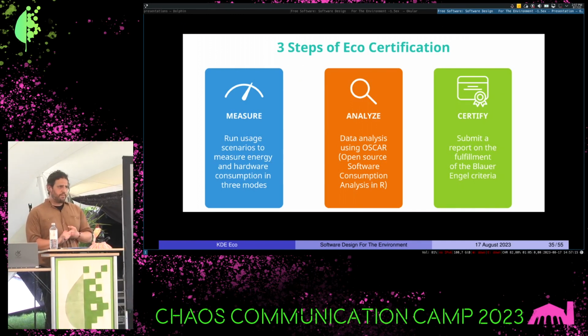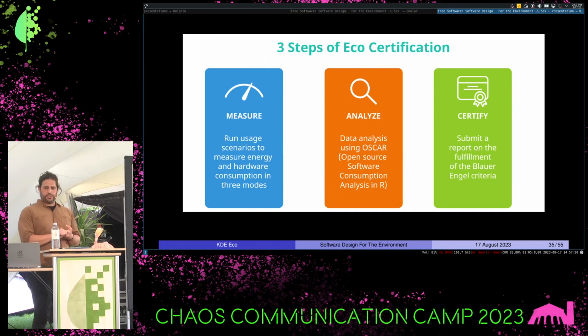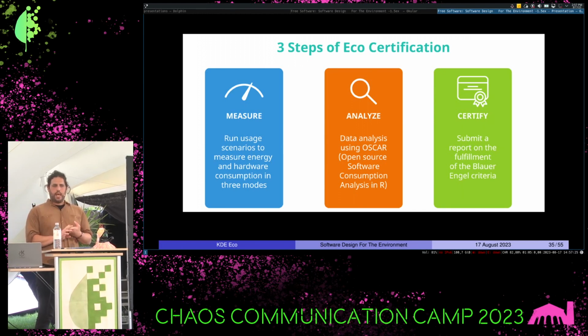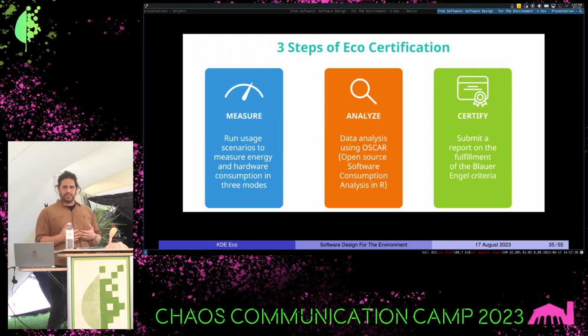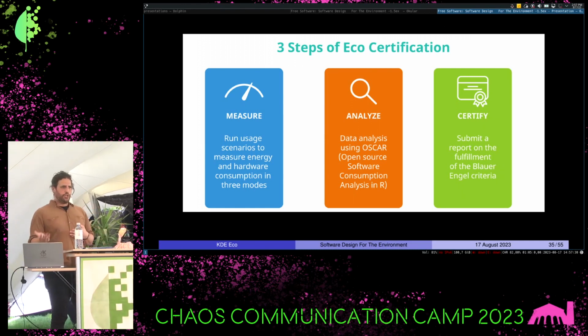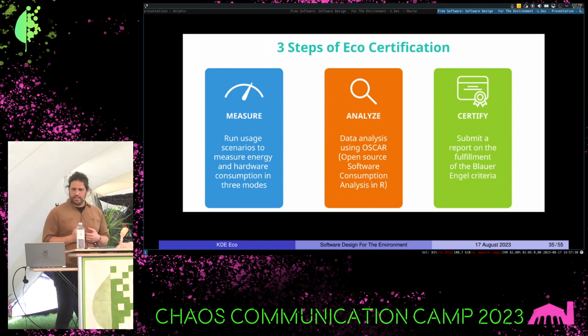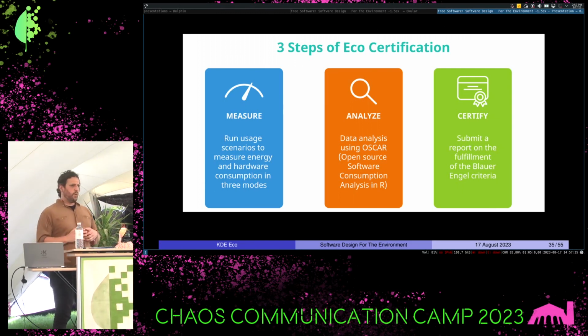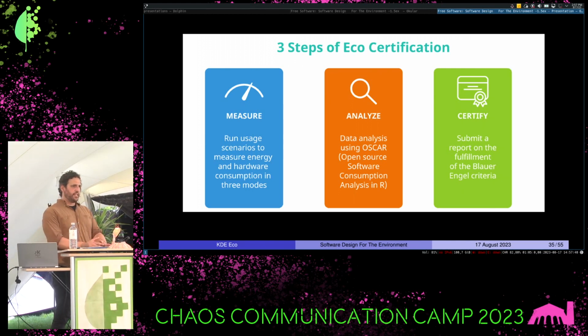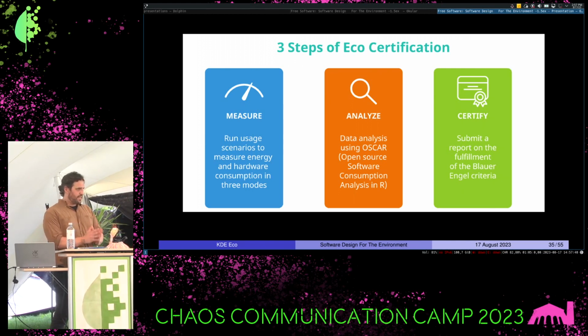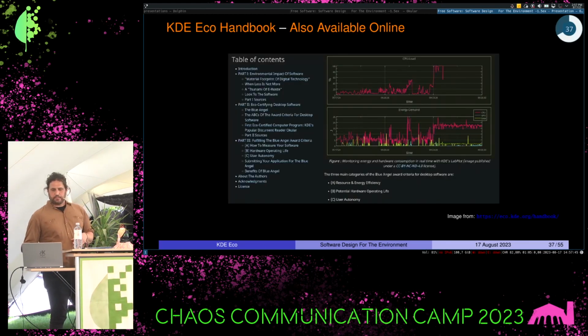First, measuring your software. To do that, you need to define what typical usage of that software would look like, emulate it using a script, which is all documented in this handbook, and then run it several times and run some statistical analyses, which you can do with a tool provided by the Umweltcampus called OSCAR, the Open Source Software Consumption Analysis in R. And once you have that, you document that you're compatible with the user autonomy criteria, and submit it.